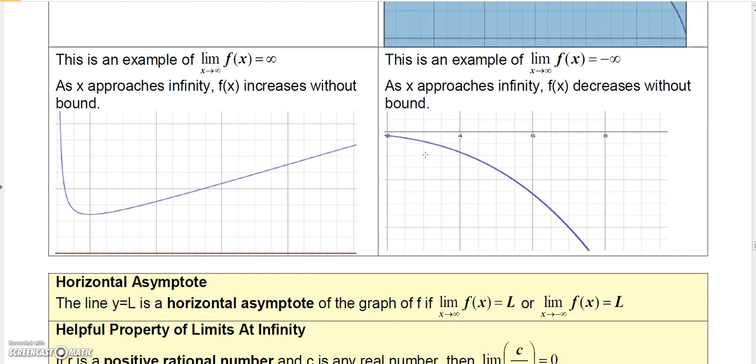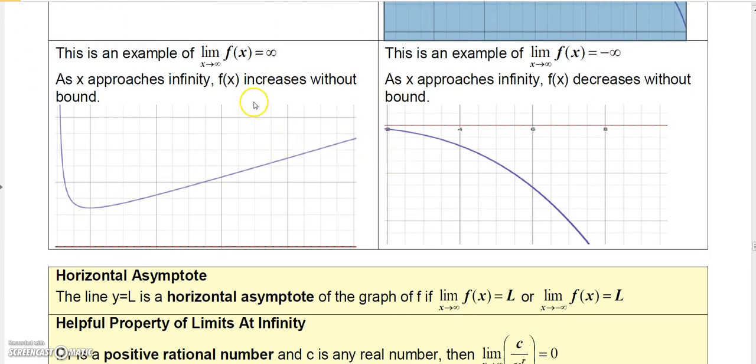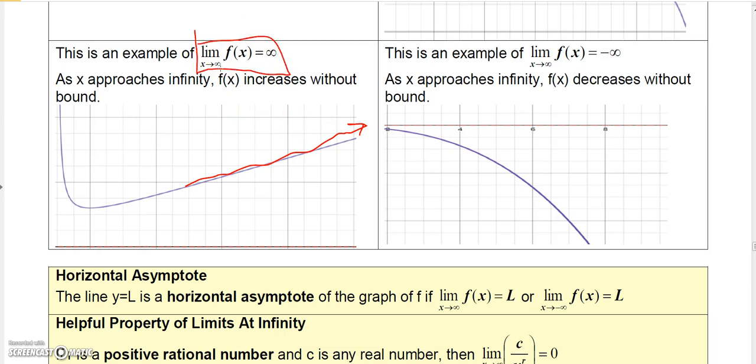Now, a graph can increase without bound as x goes to infinity. Notice on this graph, as x gets larger, the y values get larger. So the limit of this graph as x goes to infinity would be infinity.